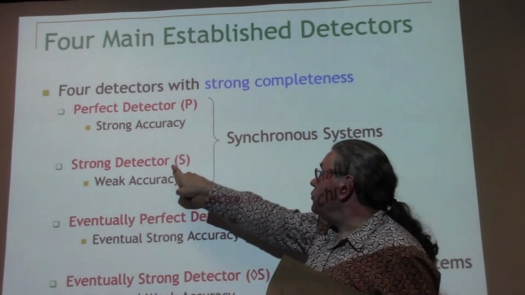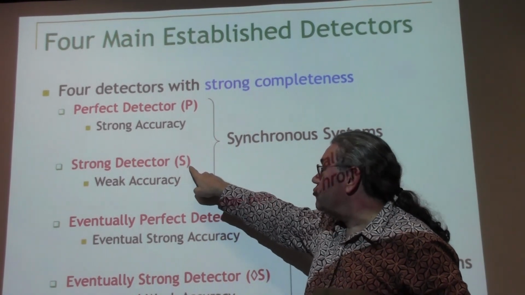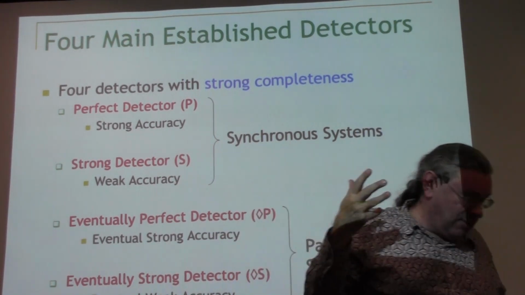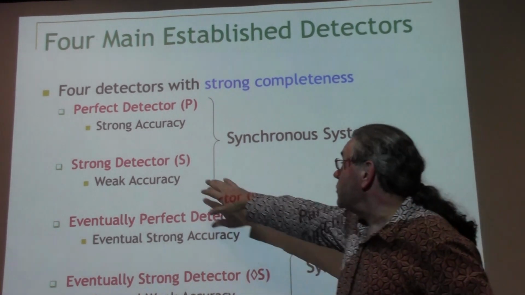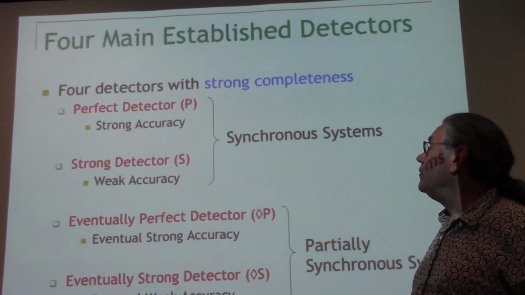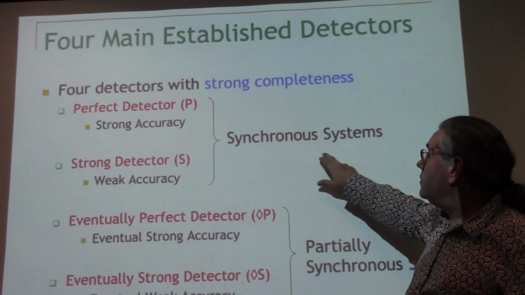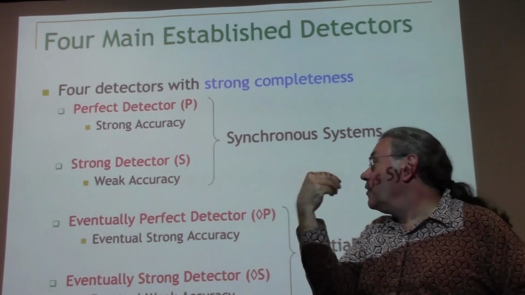There are also the ones called strong. Why is it called strong? Because the guy who invented it called it strong, okay, and the name stuck. So there's a strong detector and an eventually strong detector. And what's the difference? The difference is that it's only with respect to one node.